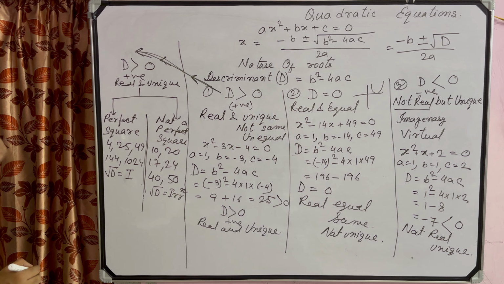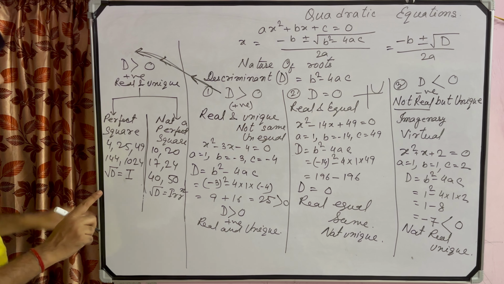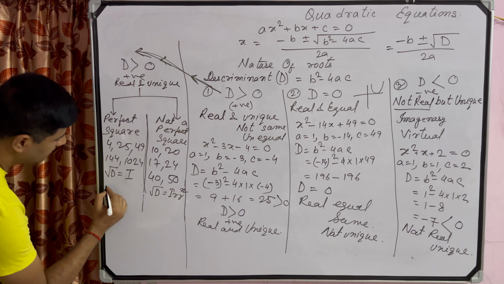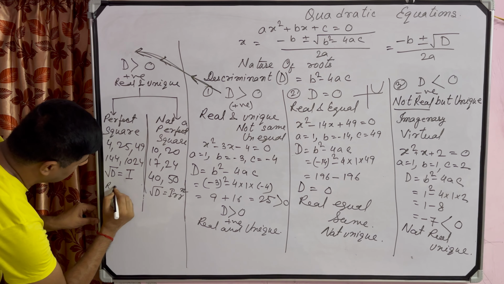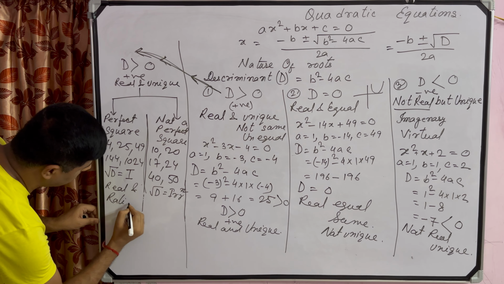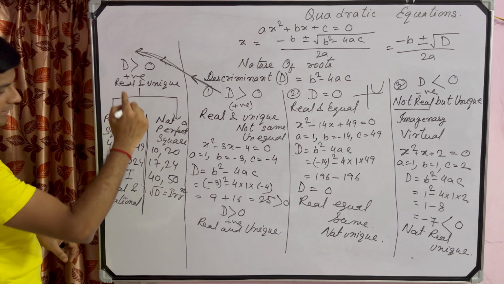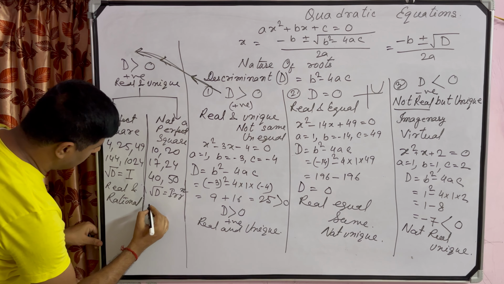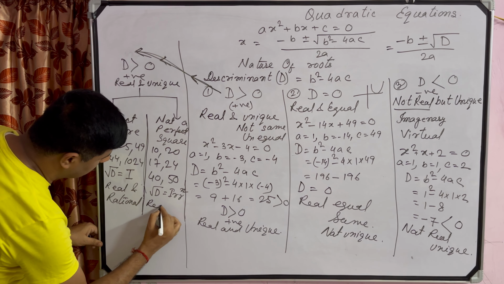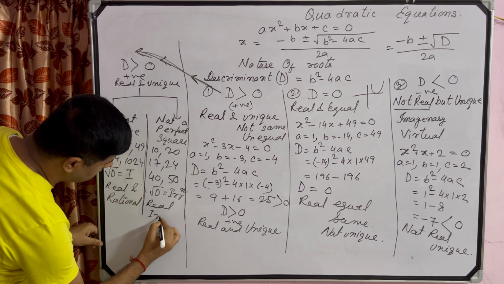That's why if D is greater than 0, then we have to check whether D is a perfect square or not. If it is a perfect square, then the roots are real and rational. But if D is not a perfect square, then we can say that roots are real but they are irrational.